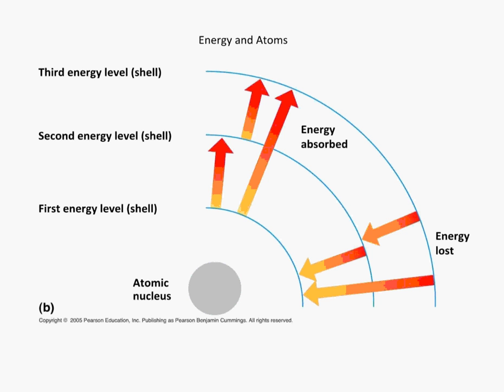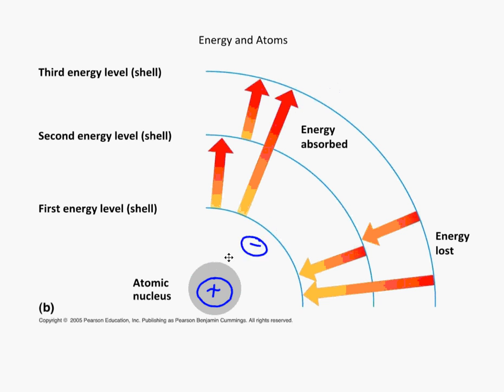Think about it as if you had a string with something tied on the end of it and you were swinging it around your head. If you were swinging it pretty quickly, it would be as far away as it could get from you, right? And so think of an atom. The electron really loves the nucleus because of that proton.